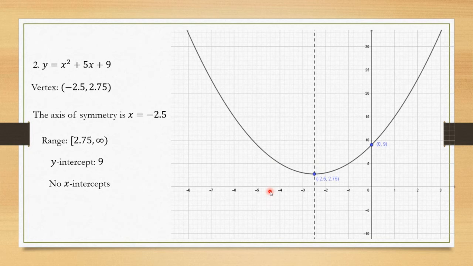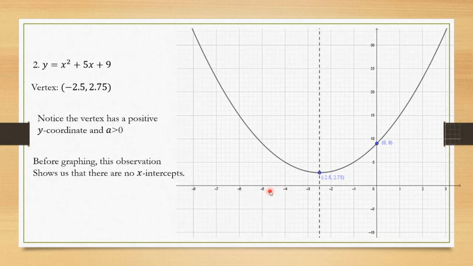Okay. This was just something else, like the observation that even before graphing, we could see that there would be no x-intercepts beforehand. That's what I said already, though.